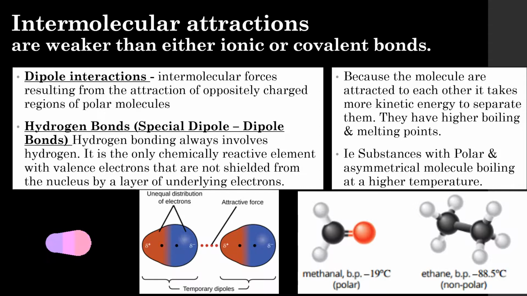So remember, we're drawing out partial charges. That's going to be attracted to the other end of one of these molecules. So there's going to be an attraction between them. Whereas the electrons are just all evenly spread over ethane.